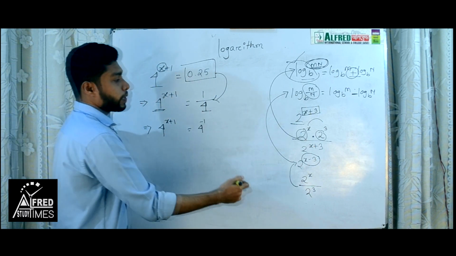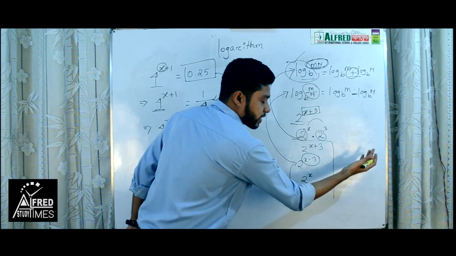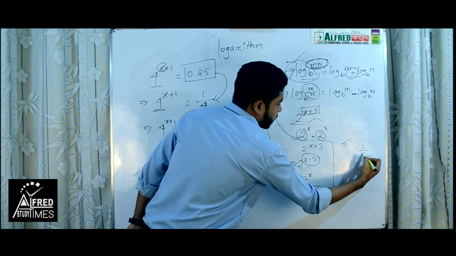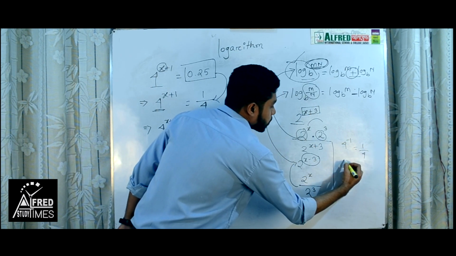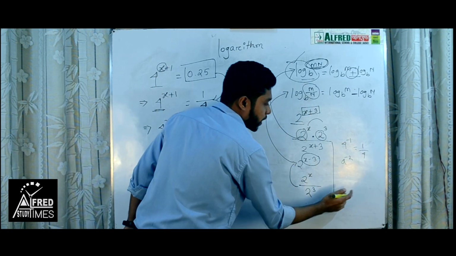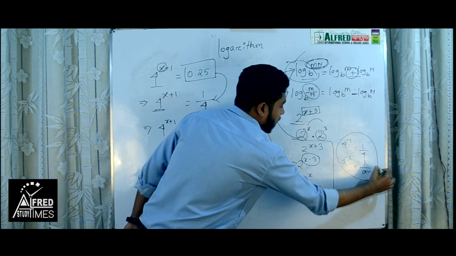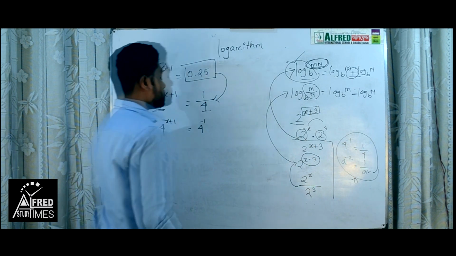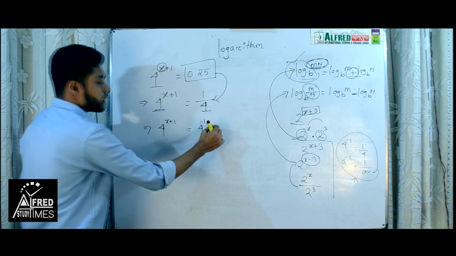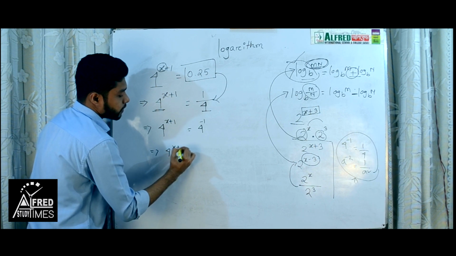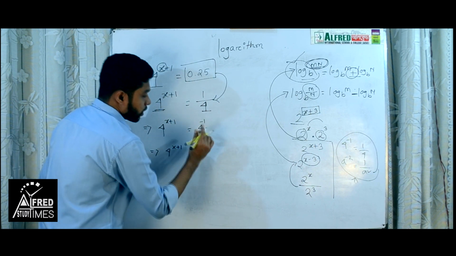So we have to make sure here we can write another rule. If there is minus 1, then we can write 1 by 4. If there is a to the power minus 2, then we can write 1 by a squared. So both are same and we have to know about it more clearly. Then I can write 4 to the power x plus 1 is equal to that one.